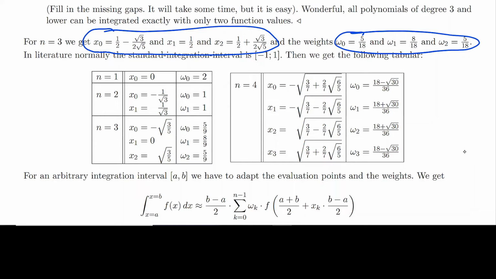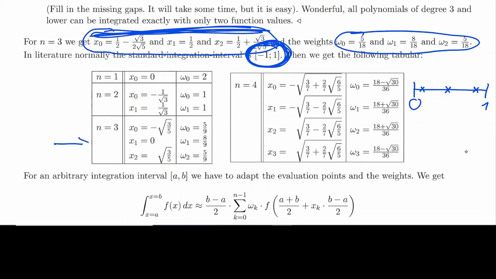But what is the situation if that is the 0, 1 interval? Then these 3 positions are the midpoint, and then it looks like that. But instead of doing it like we did in the script in the mathematical theory, it's more common to see the standard interval, minus 1, 1, and then construct the formulas, and then you will get this.